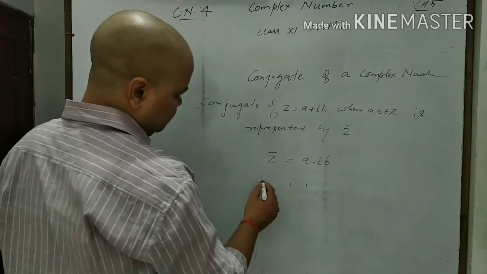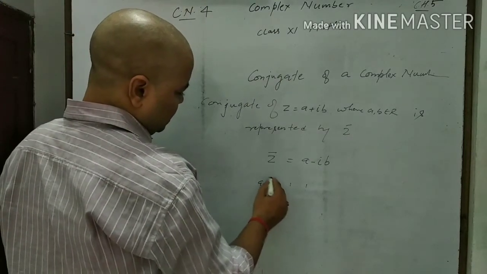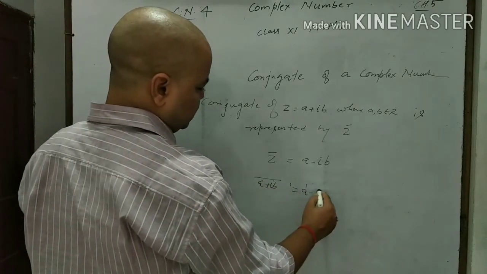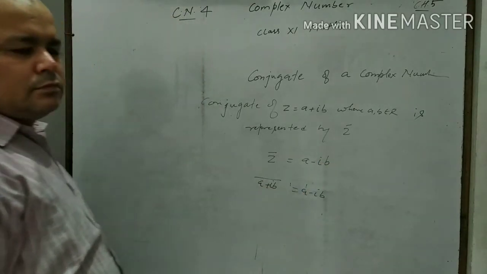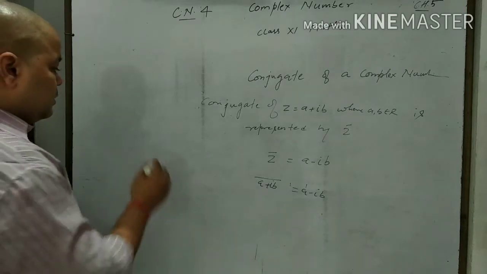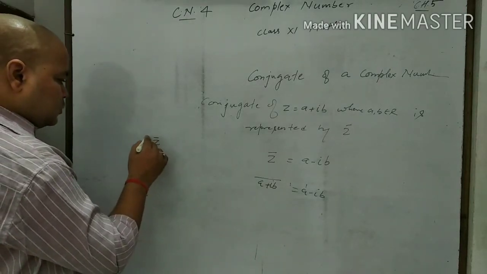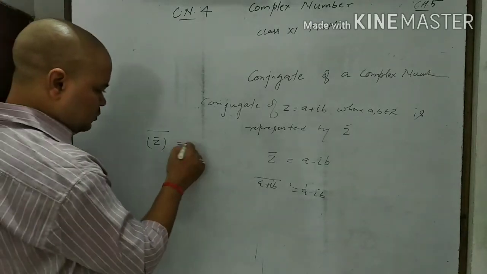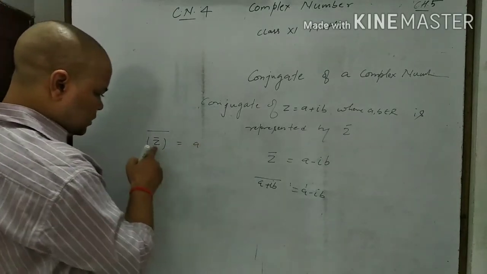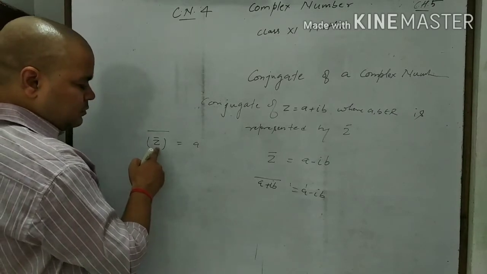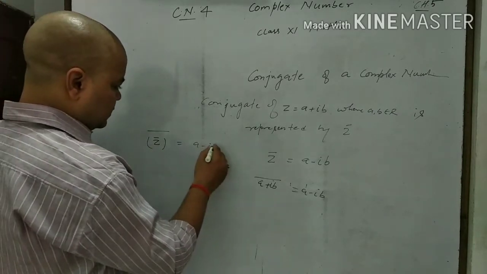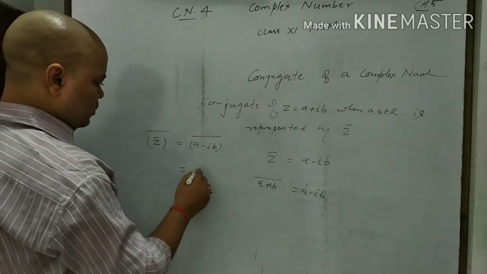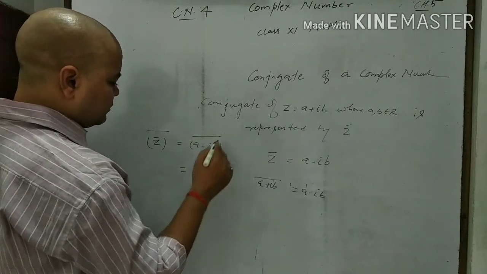It means a plus ib, its conjugate, is equal to a minus ib. Then what is the conjugate of complex number a minus ib? Its conjugate value will be a plus ib.